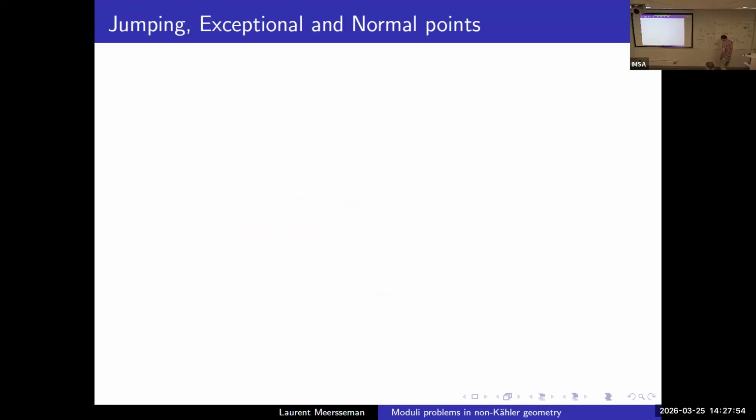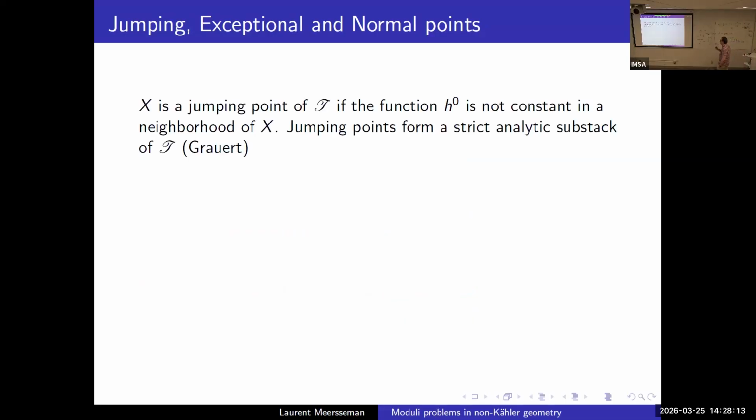So now I would like to understand a bit better the geography of this Teichmüller stack, what the types of points are, what the types of local models are. I'm very happy with saying it's just some complicated quotient of a Kuranishi space locally. I want to be more precise than that. Of course, I am in a completely general setting, so don't expect a very precise description.